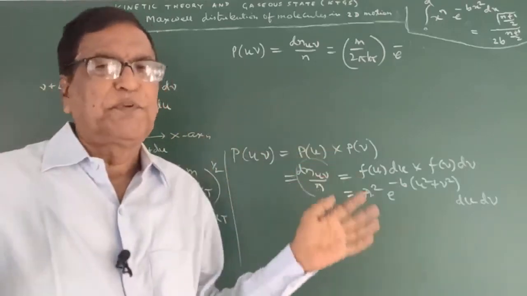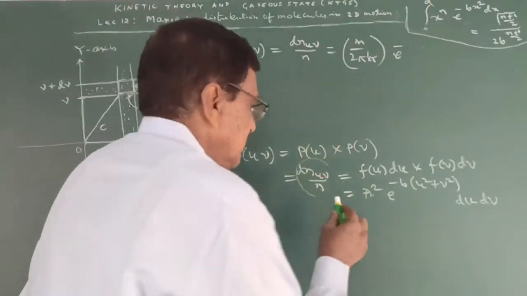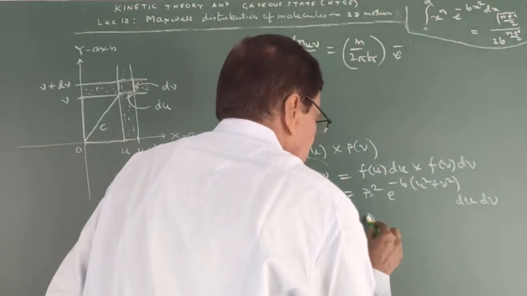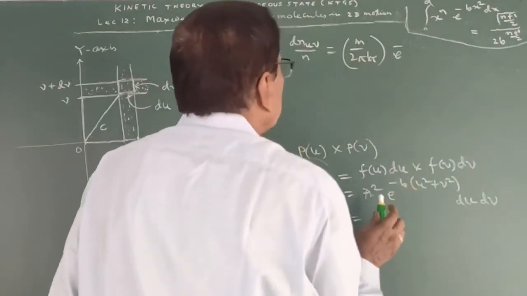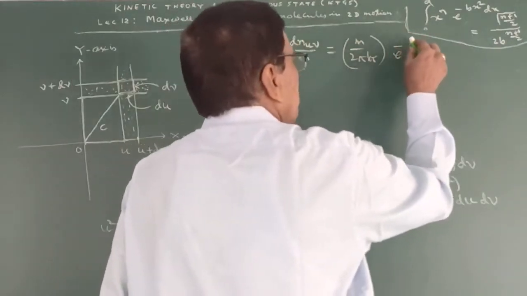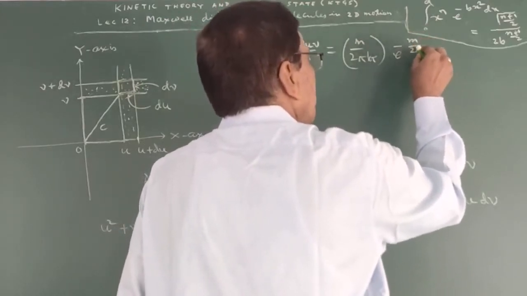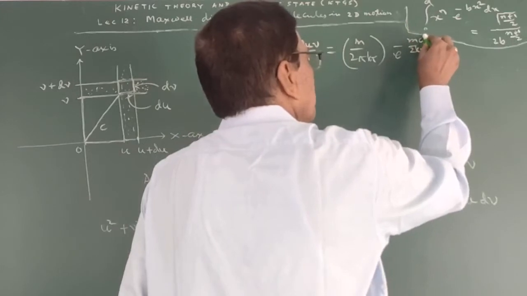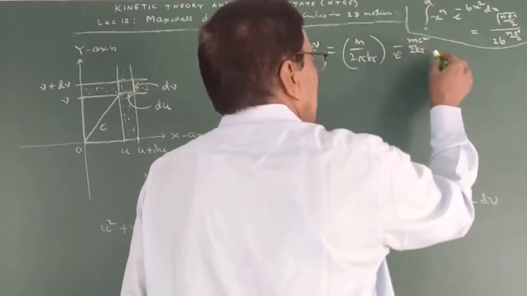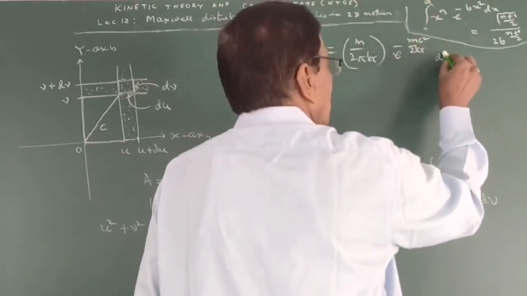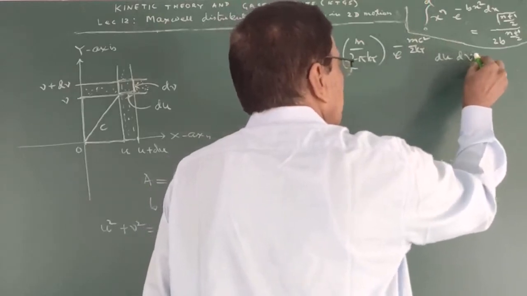So here we can write minus m c squared by 2kT, and here du and dv.